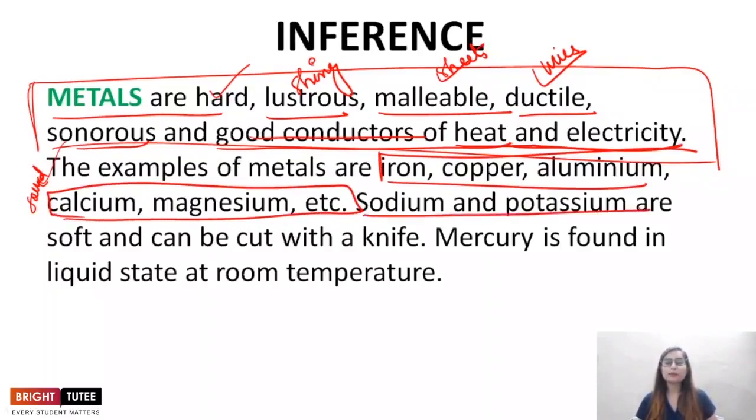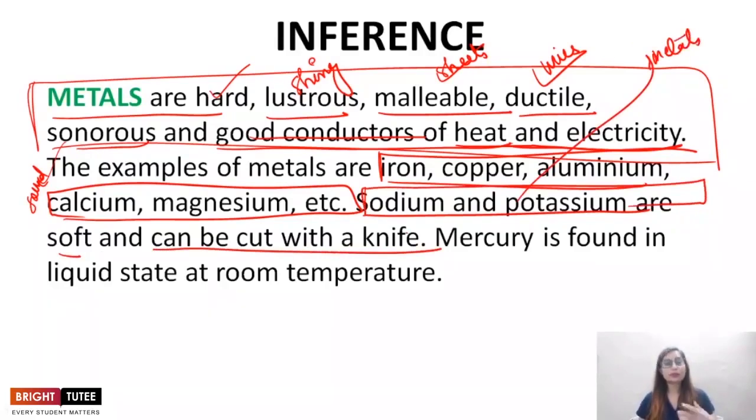Now sodium and potassium are soft and can be cut with a knife. These are exceptions. Sodium and potassium are metals according to their chemical properties, which you will be studying about in the next lecture. They are metals according to the chemical properties, but according to some physical properties such as hardness and luster, they basically are exceptions as compared to other metals, because they are not shiny and they can be cut with a knife because they are very soft.